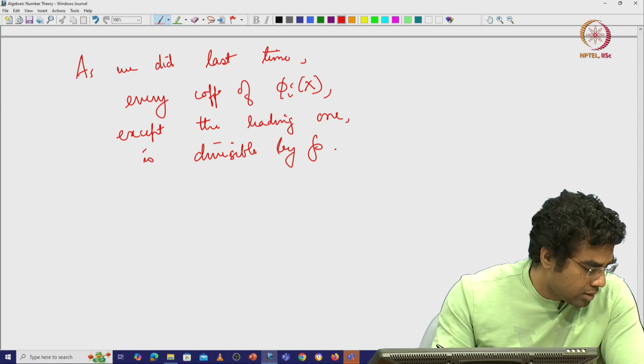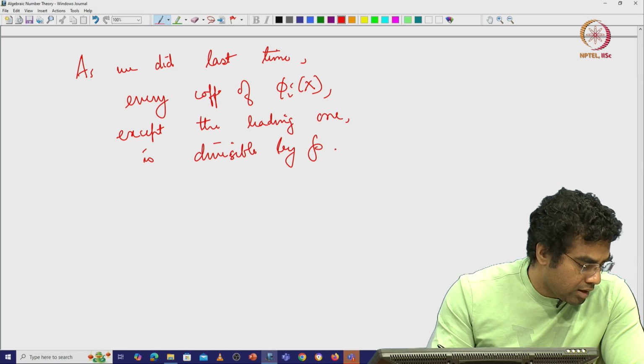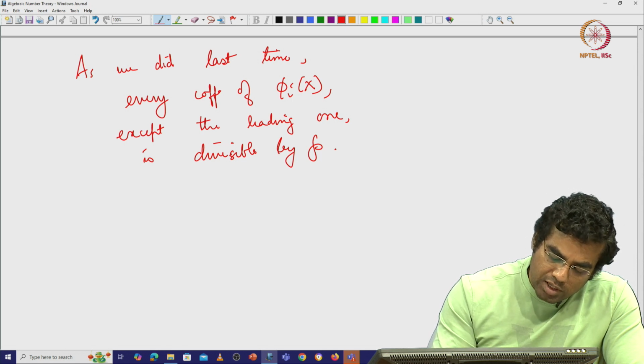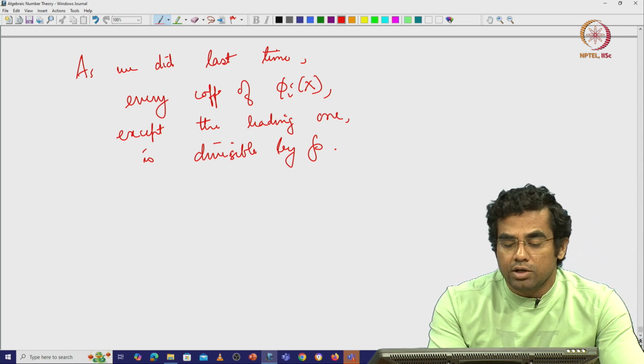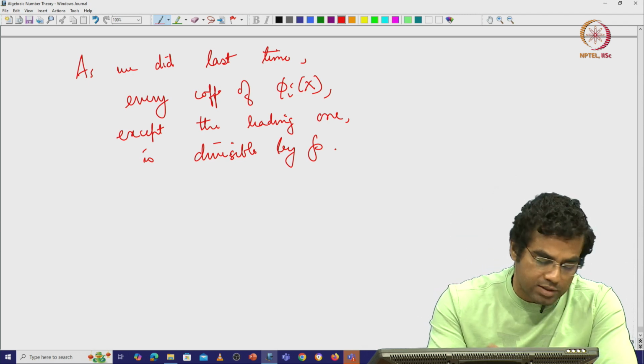Okay. So what this means is that in particular the coefficient next to the leading one is also divisible by small p.